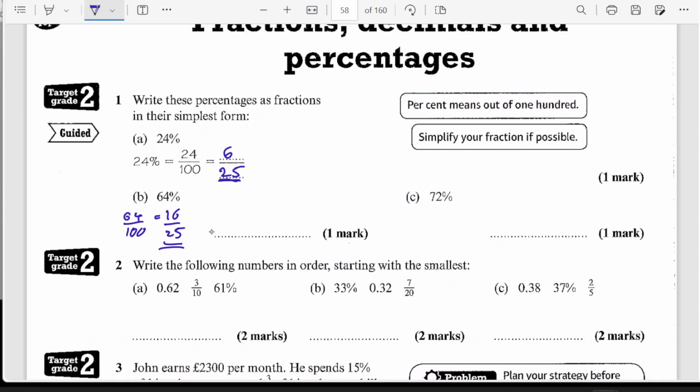And then for part C, again we start with 72 out of 100, and again it's going to be 4, I think. So 4 goes into 72 fully 18 times, and into 100 25 times, so 18 out of 25.